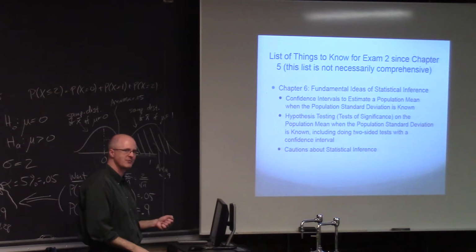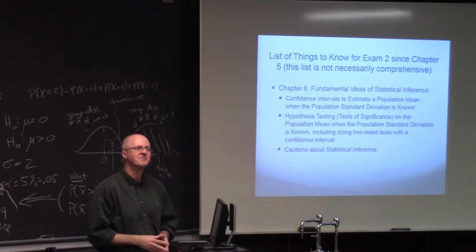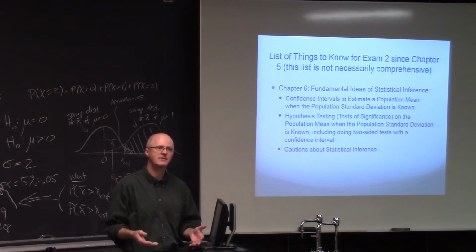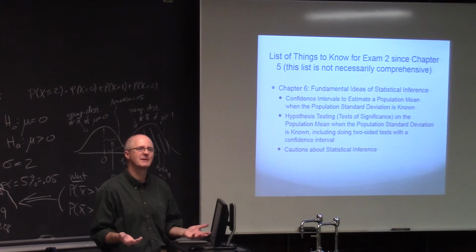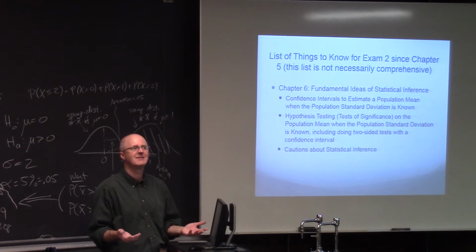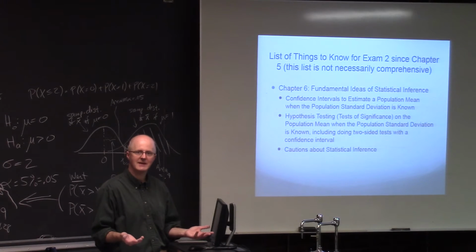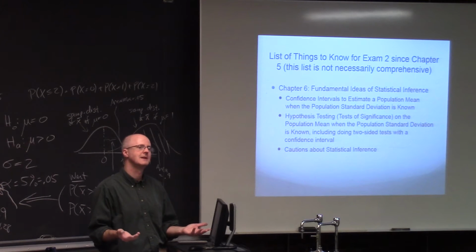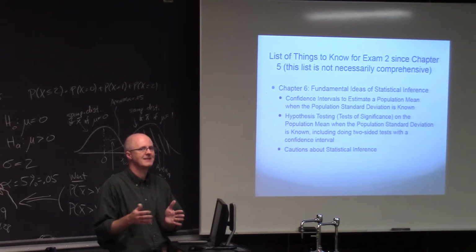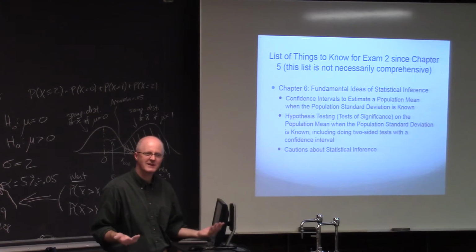Cautions about statistical inference. One big caution that comes into my mind is if your sample size is large enough, you will almost always reject the null. You'll almost always, with a really big sample size, find statistically significant evidence against the null. The p-value can end up being typically pretty small if n is really large. However, just because of that, that doesn't mean it's important evidence against the null.